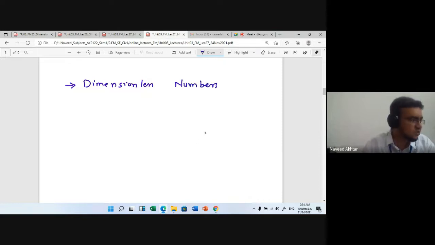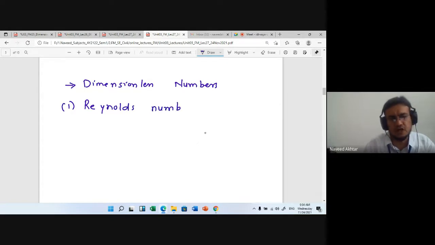Reynolds number is generally denoted by R, and it is the ratio of inertia force upon viscous force.